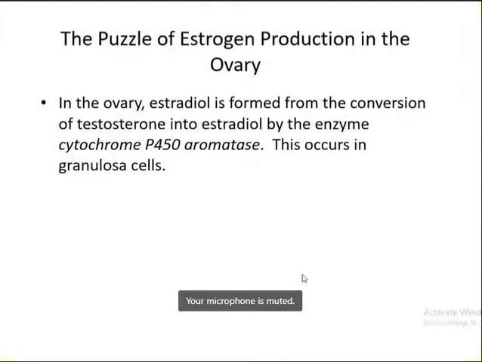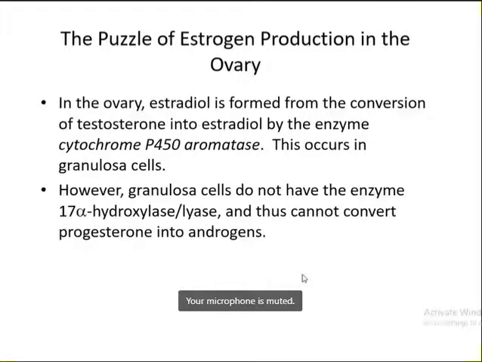Remember, however, granulosa cells do not have the enzyme 17-alpha hydroxylase and thus cannot convert progesterone into androgens. Where do the androgens required for estrogen production in granulosa cells come from then? Question.